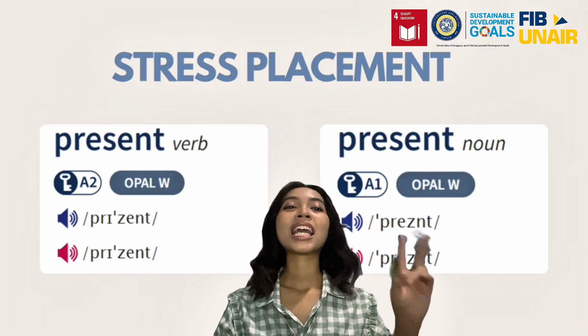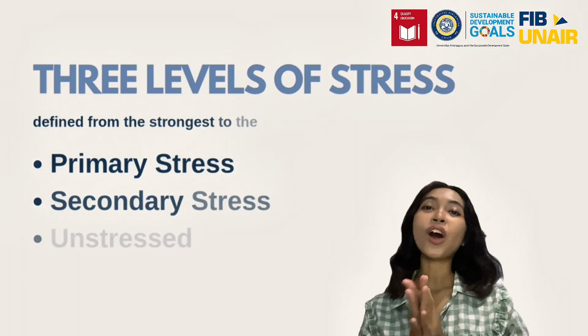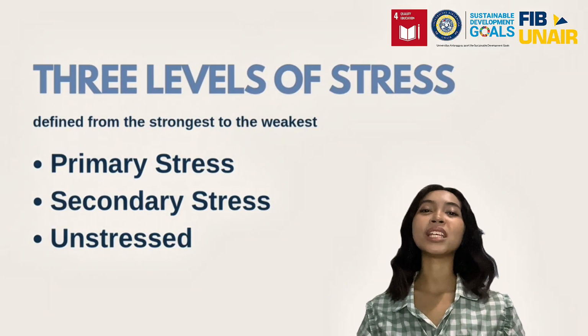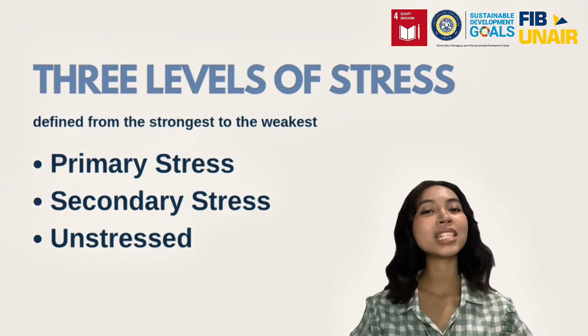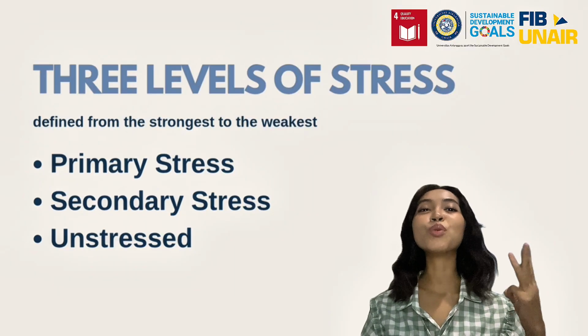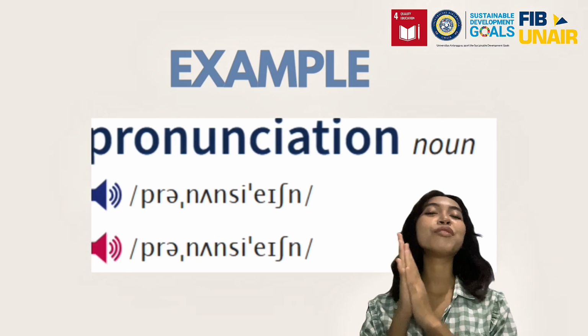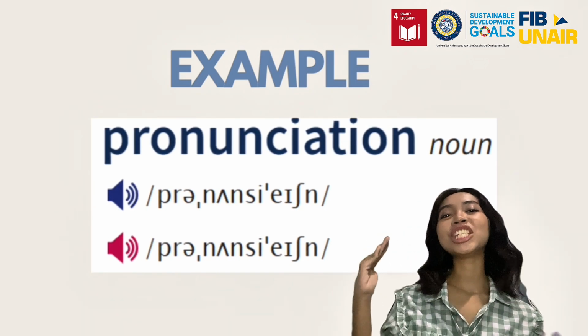differ across lexical categories. There are three levels of stress, and I define them from the strongest to the weakest. The first one is primary stress, the second one is secondary stress, and the third one, the weakest one, is unstressed. For example, I give you one example, the pronunciation.